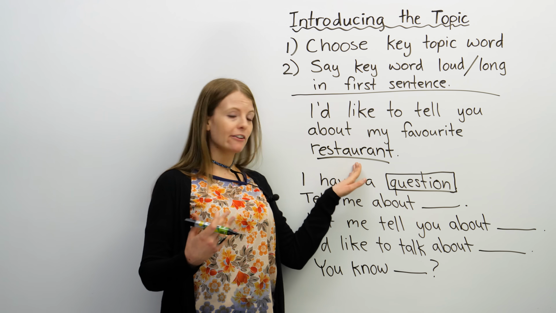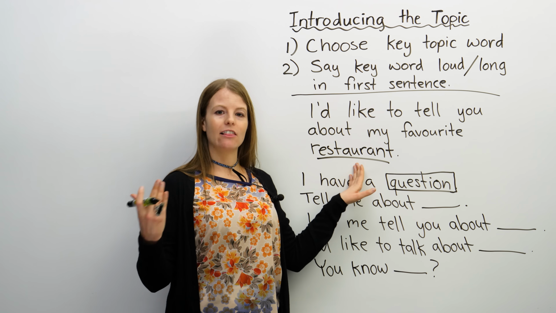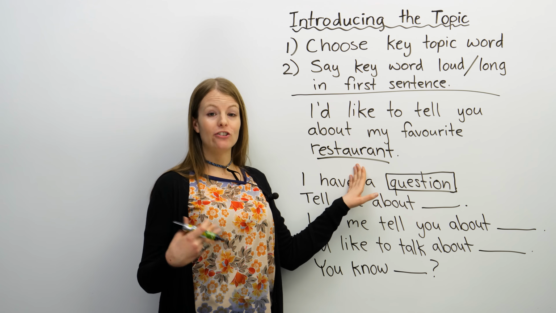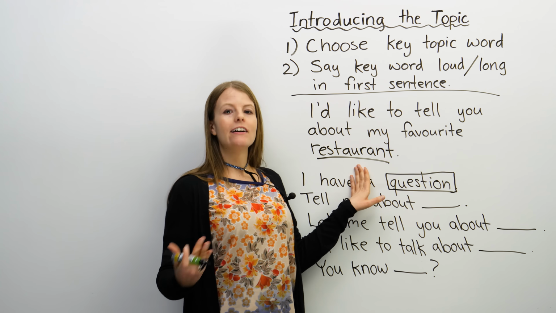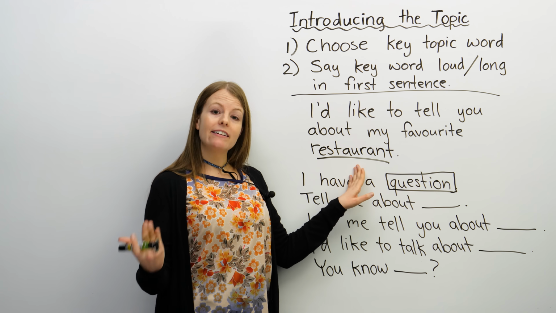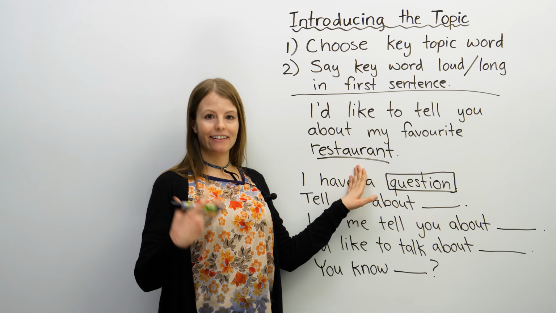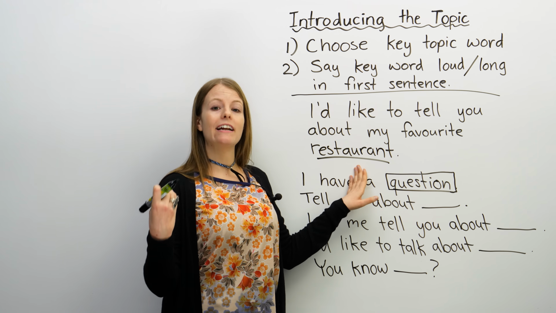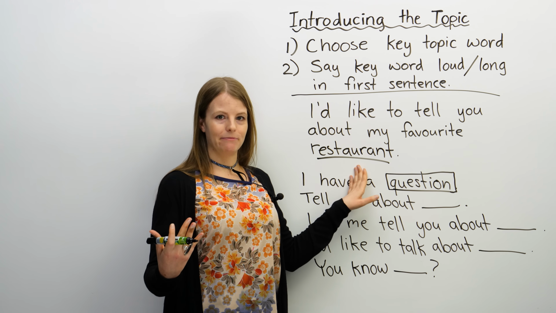By saying restaurant louder and longer, it makes it easier for the listener to understand me. Okay, so now I can start talking about restaurants, and they're going to understand what I'm talking about because I've introduced the subject. The conversation is going to be a lot easier for the listener.